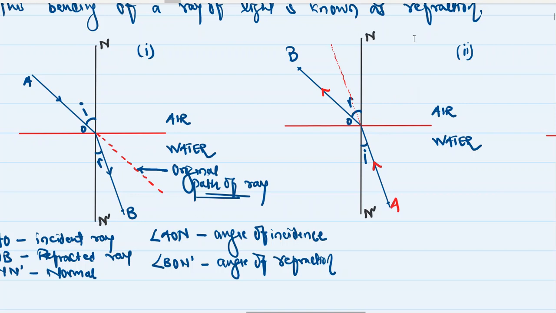So this red dotted line which you see is the original path of the incident ray, but after entering from water to air, it has bent. And we have to understand what this relation between bending is.